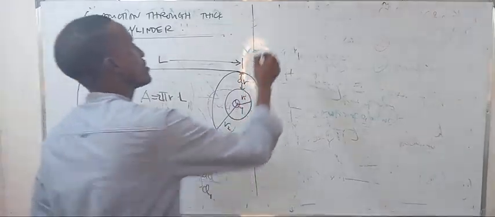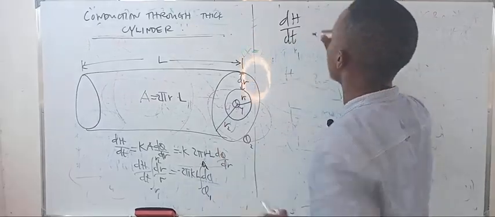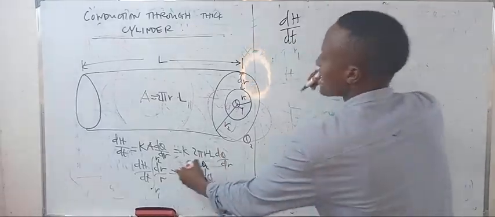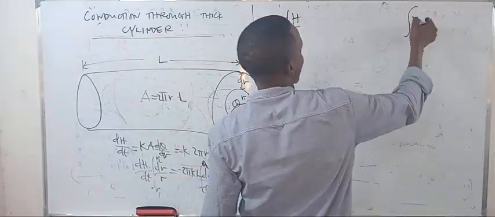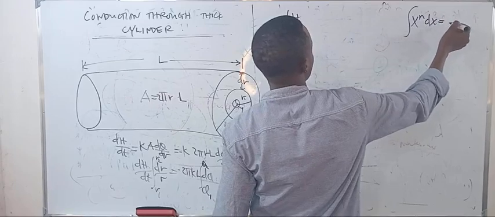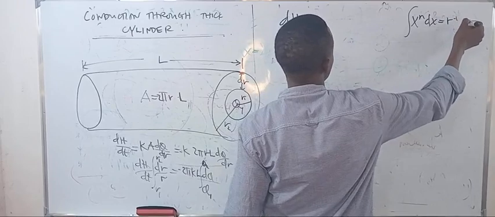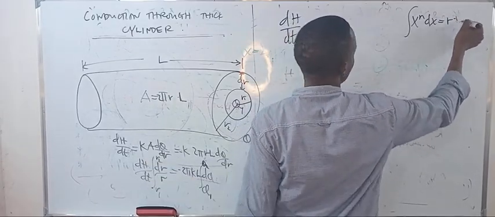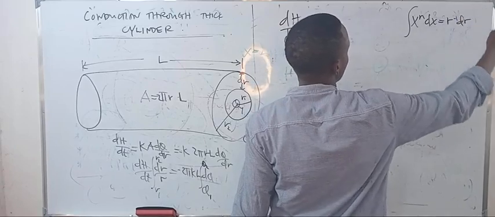So let's talk about dH, the heat flowing per time. Do you remember the formula: if you integrate x^n dx, what do you get? We have r to the power negative 1, and the rule is add 1 to the power and divide by the new power.